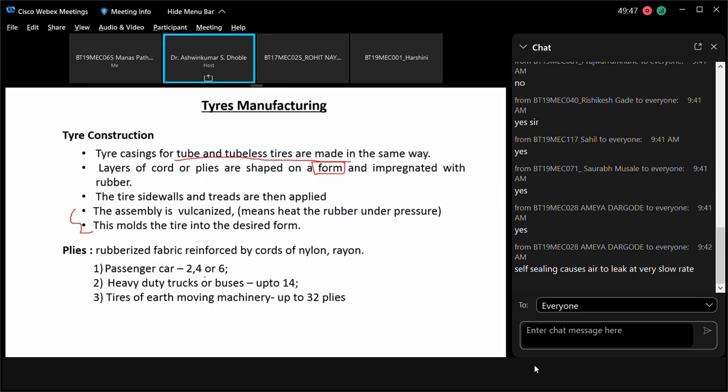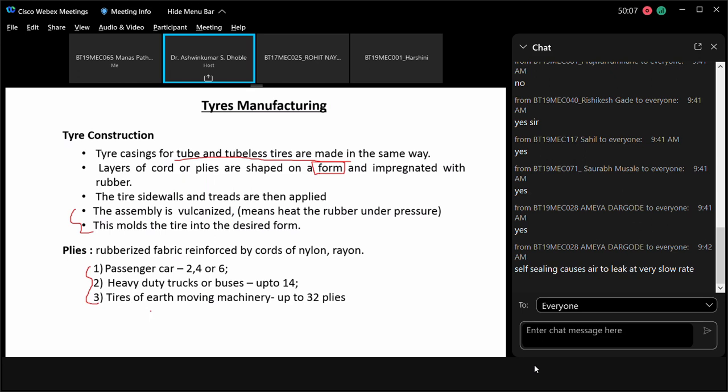Then the tires of earth moving machinery can go up to 32 plies. BEML is Bharat Earth Movers Limited.